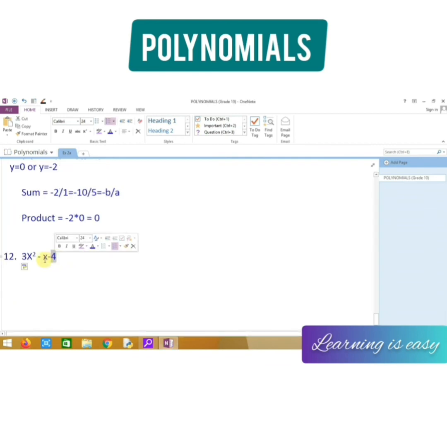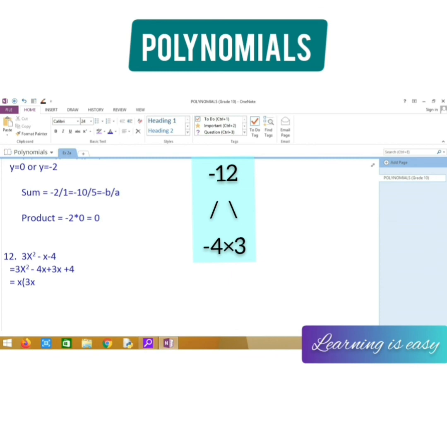Next, question 12. 3x square minus x minus 4. So minus 4 into 3 is minus 12, which can be written as minus 4 into 3. So it can be rewritten as 3x square minus 4x plus 3x minus 4. x into 3x minus 4 plus 1 into 3x minus 4, which can be rewritten as x plus 1 into 3x minus 4, and the values of x are minus 1 and 4 by 3.